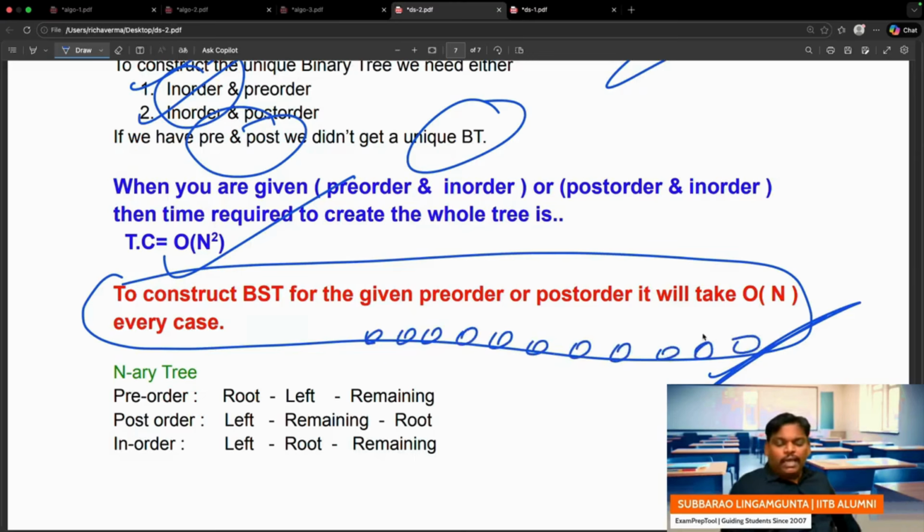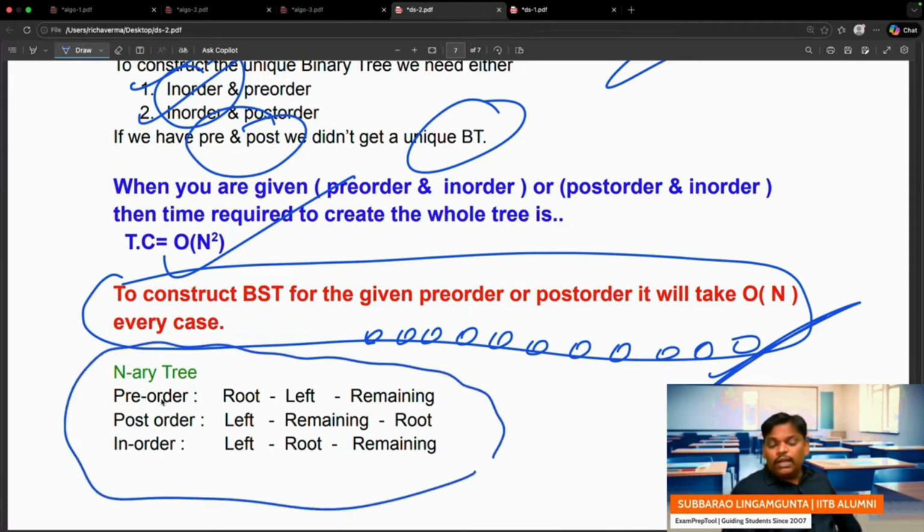Next one, N-ary tree. What are the pre-order, post-order, and in-order? In an N-ary tree, pre-order means root first: root, next left, then the remaining.